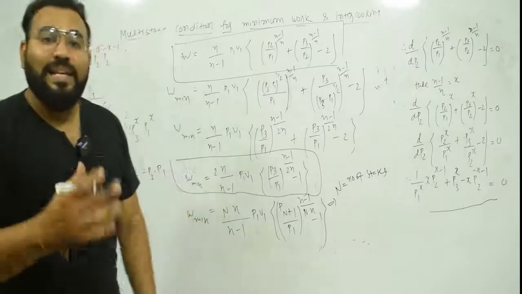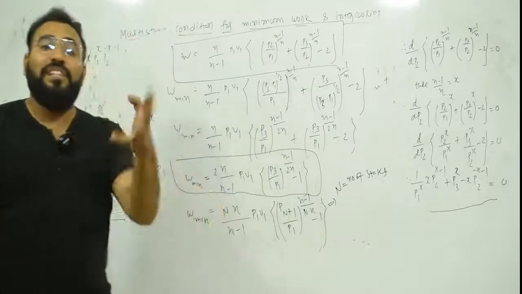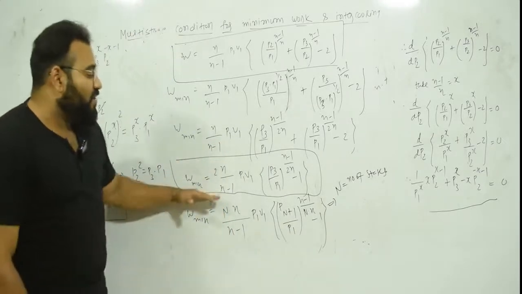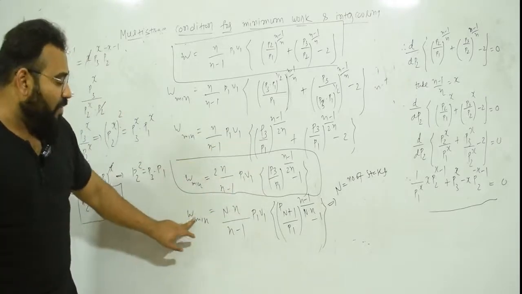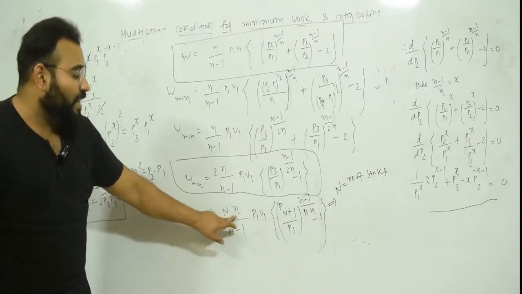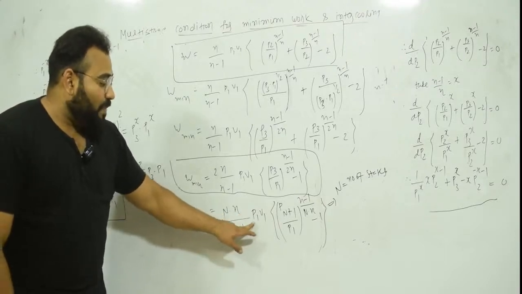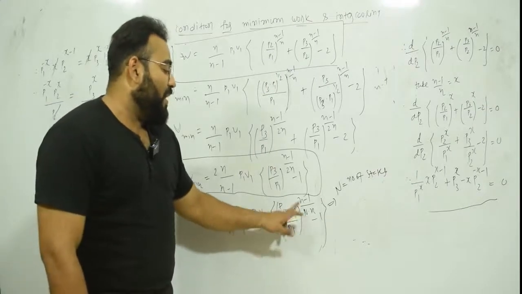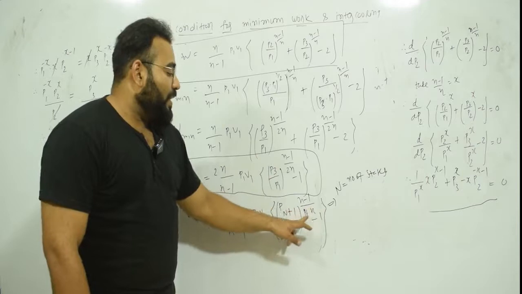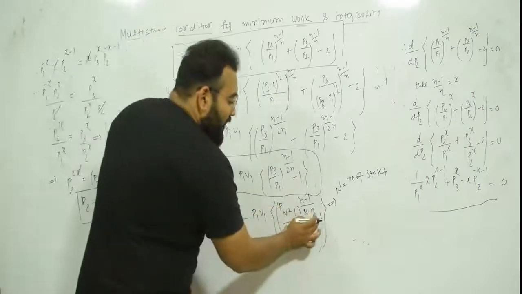Now let's say if they ask you to write down these equations for three-stage compression, then what you have to do? So I have generalized the equation. If they ask for any number of stages, your equation will be W minimum is equal to capital N into small n upon n minus 1, p1 V1 bracket p N plus 1 upon p1 raised to n minus 1 upon capital N into n, minus 1.